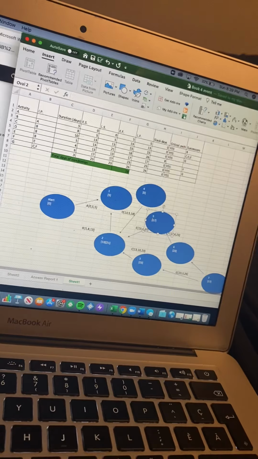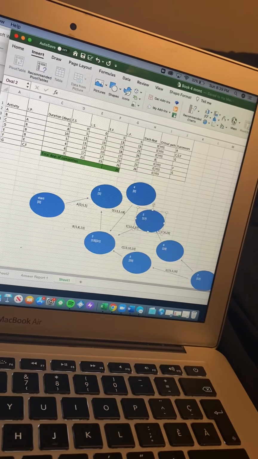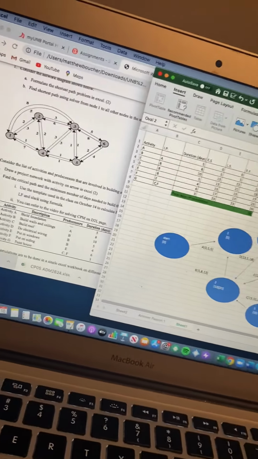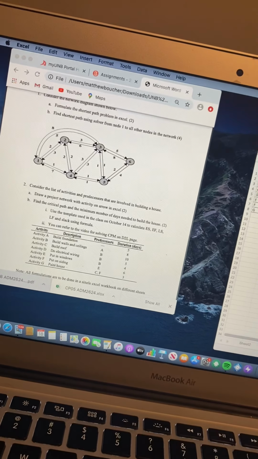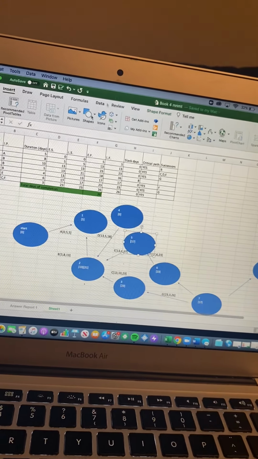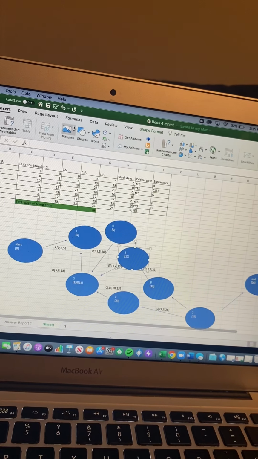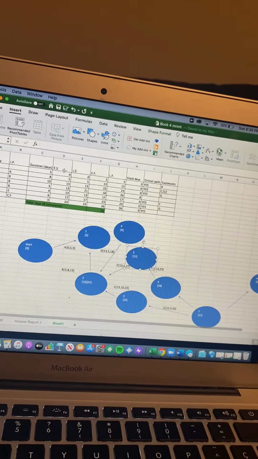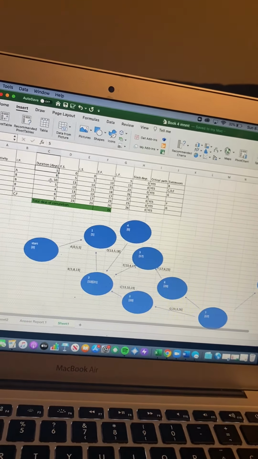And then the second question: consider a list of the activities and predecessors involved in building a house. We have this information right here for the problem. I just filled out here the duration in days, as the durations were given to us.